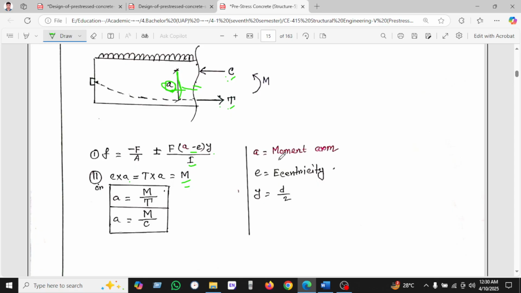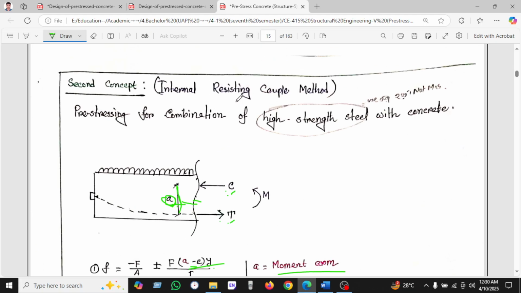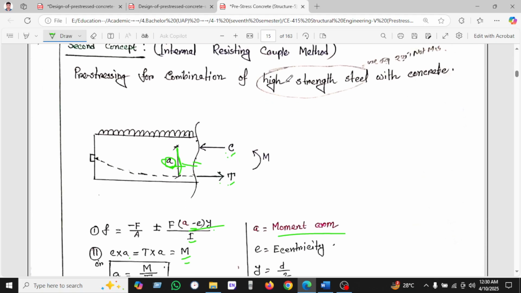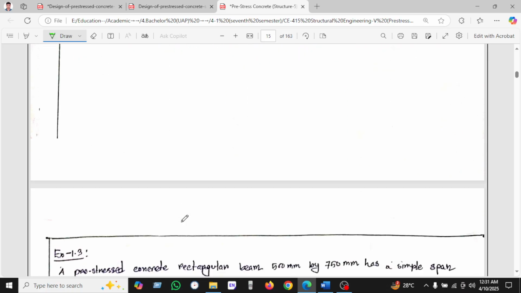Okay, what is A? A is a moment, and we are deducting A minus Y because this is the internal resistance couple method, which we can call the prestressing for combination of high strength steel with concrete. So that's why we are deducting minus E by A. Okay, so let's see.